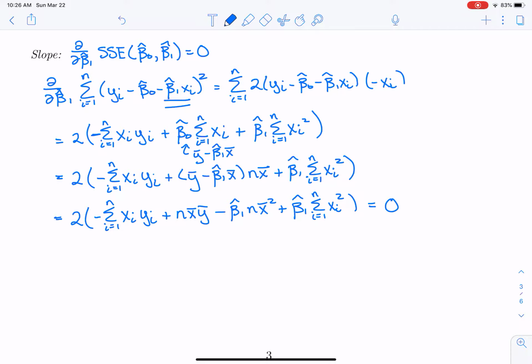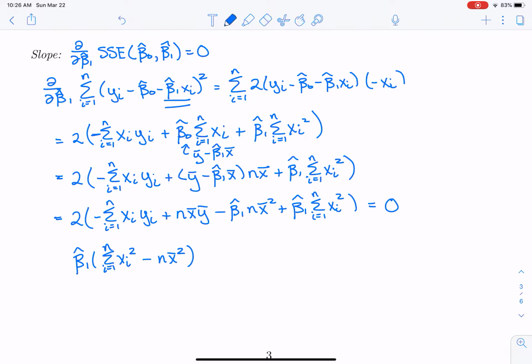So if I leave these terms on the left, that would be beta 1 hat times the sum from i equals 1 to n of x sub i squared minus n x bar squared.